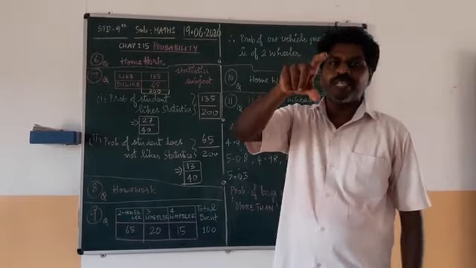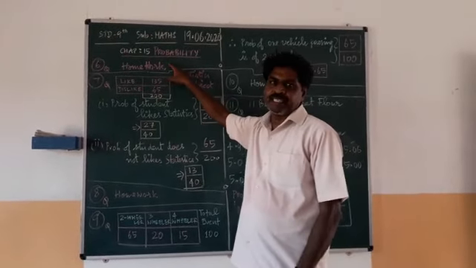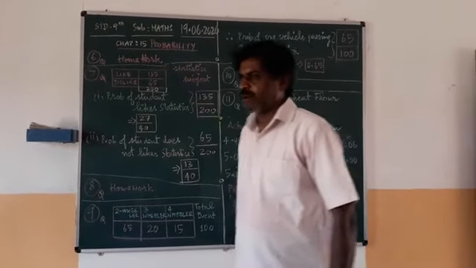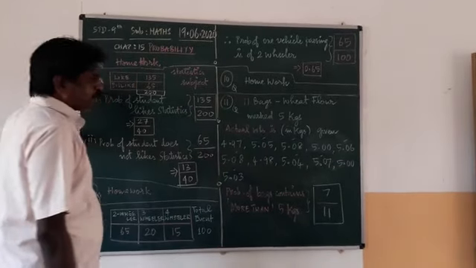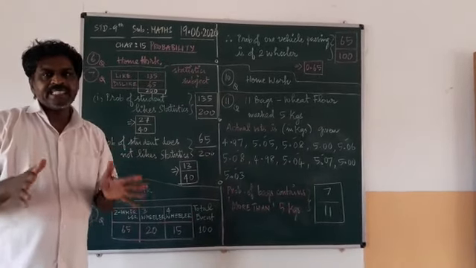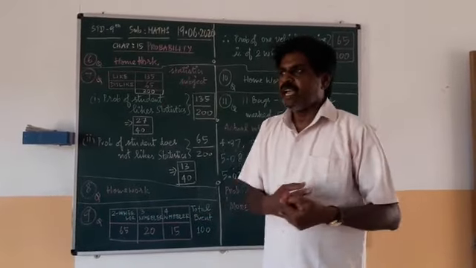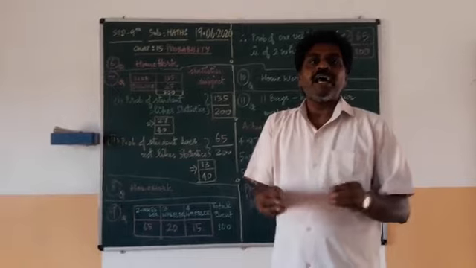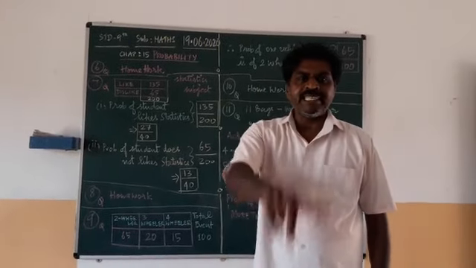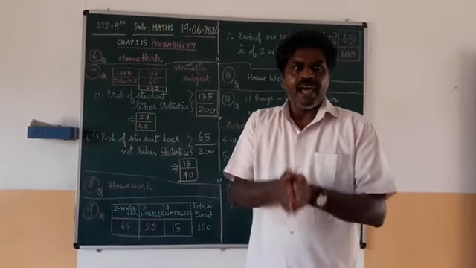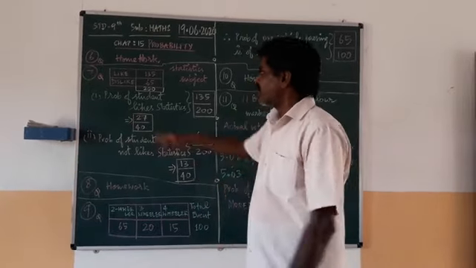That example you have to take and write as homework. Now we will start the 7th problem. What is given there? In a class of 200 students, they have taken one survey: those who like the statistics subject and those who dislike it.